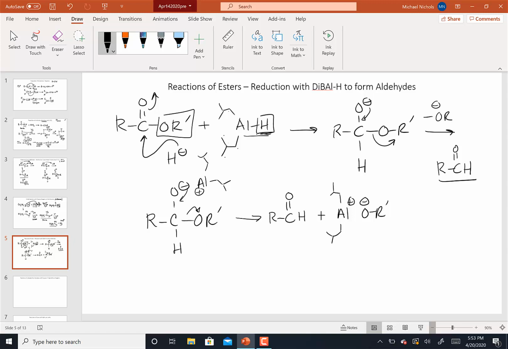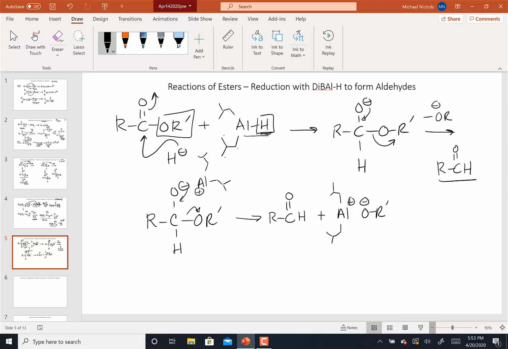So aluminum does play a role in this, and all these mechanisms are outlined in their gory detail in Top Hat, but that's the reason why we can lose an OR minus group in this case, because the aluminum is going to help stabilize it as it leaves.